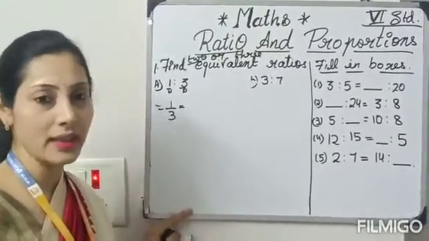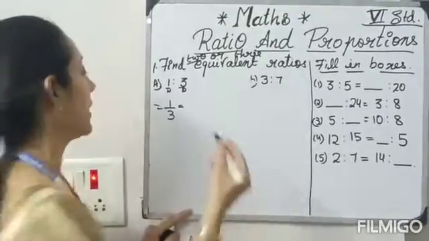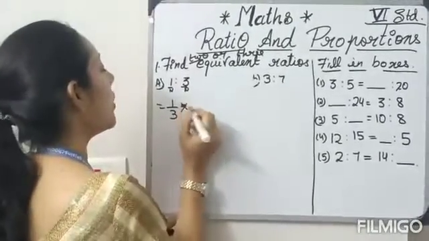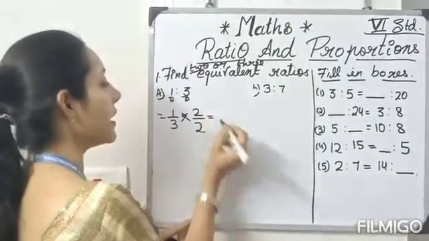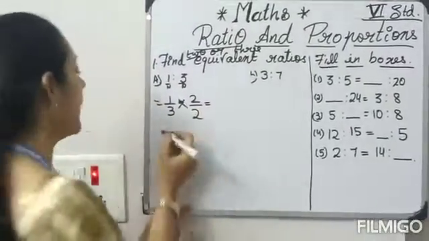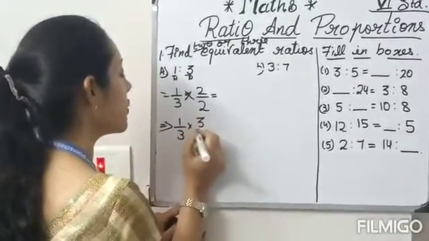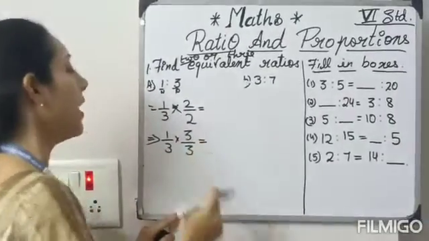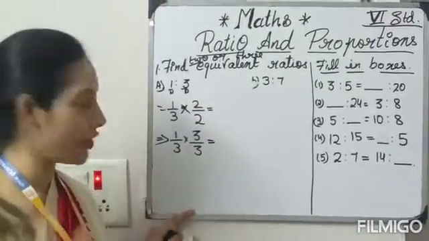So what you should substitute? 2. Correct students, very good. So 1/3 into 2/2 is equal to... Next one is 1/3 into 3/3. So these are our two equivalent ratios.